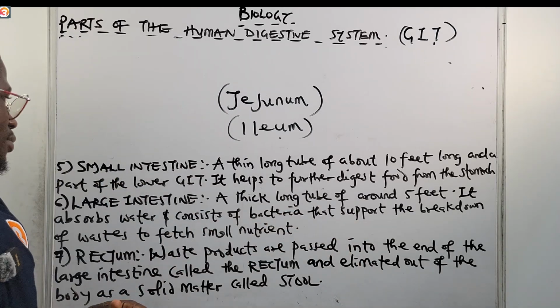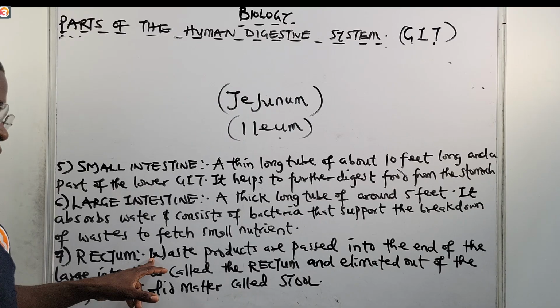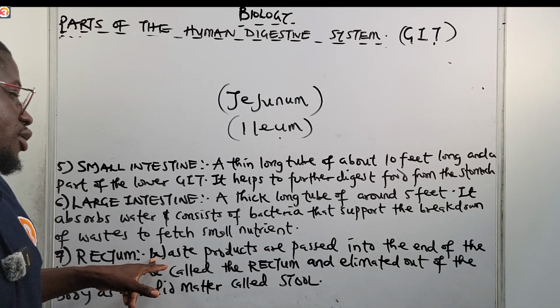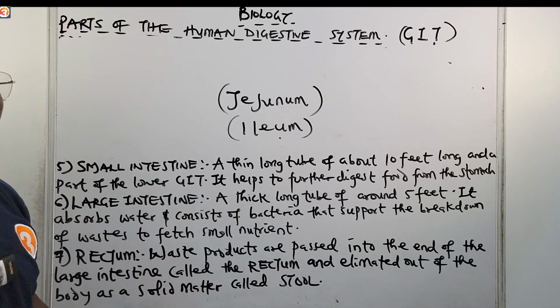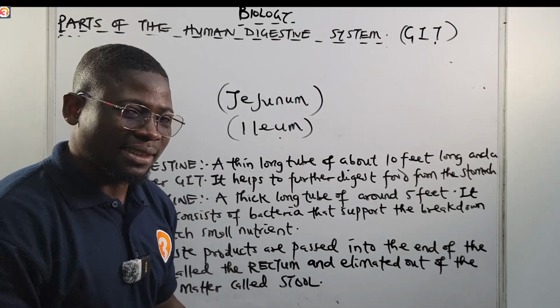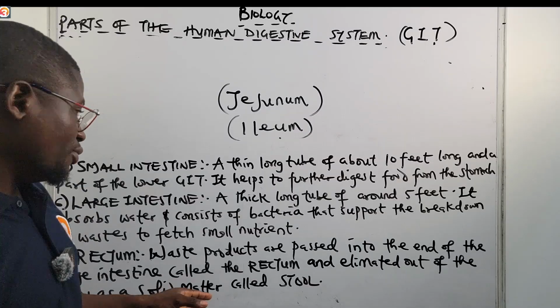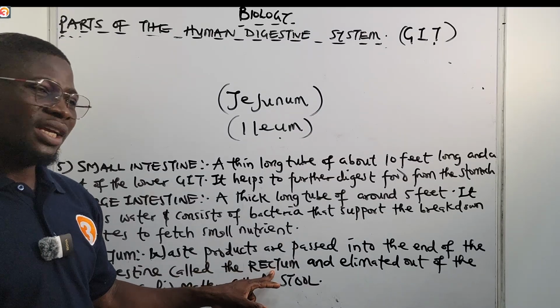So from the small intestine we get to the large intestine, then of course that will take us to the rectum. Waste products, the unwanted, undigested food substances, are passed to the end of the large intestine called the rectum.